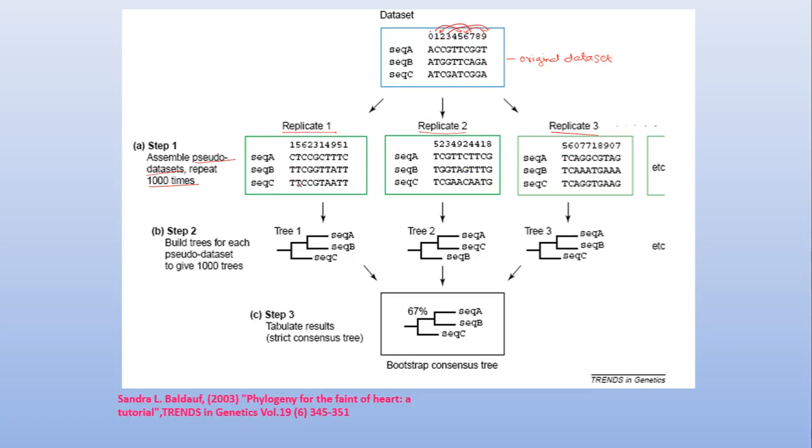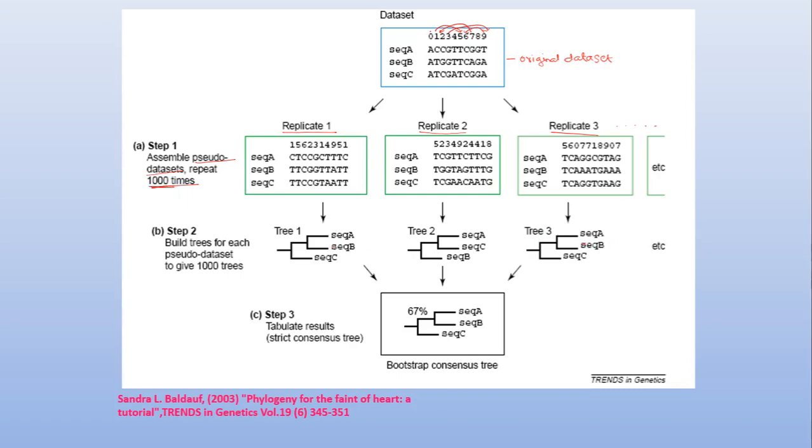Okay, so from each replicate we would generate a tree. From replicate 1 we would generate tree 1, from replicate 2 we would generate tree 2, from replicate 3 we would generate tree 3, and we would thus generate 1,000 trees from these 1,000 replicates.